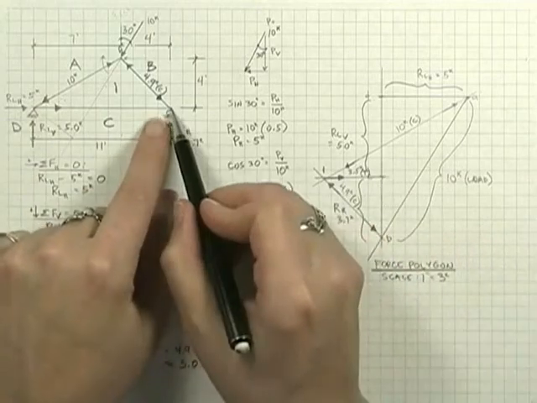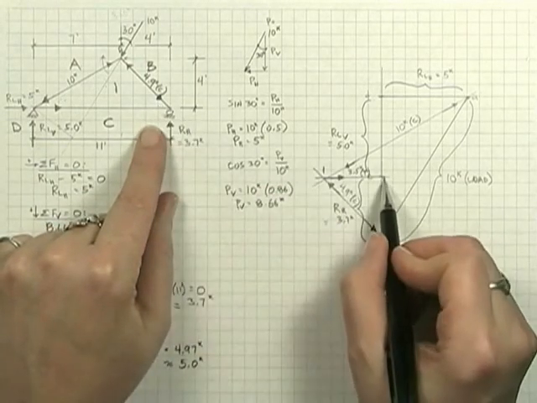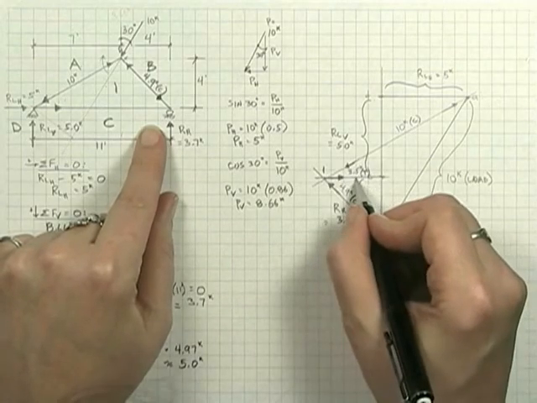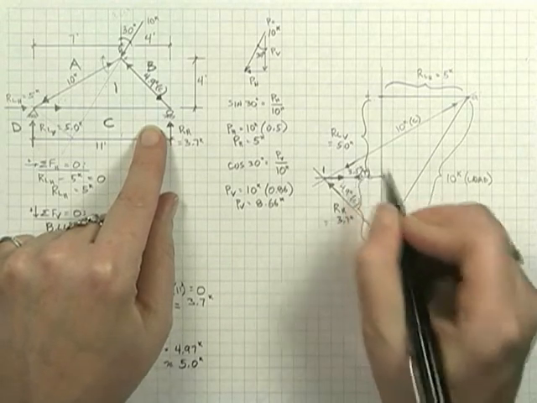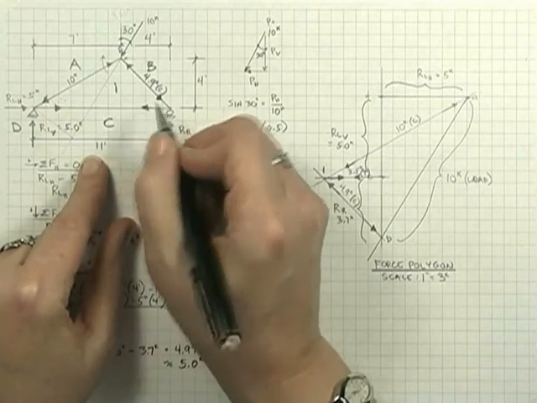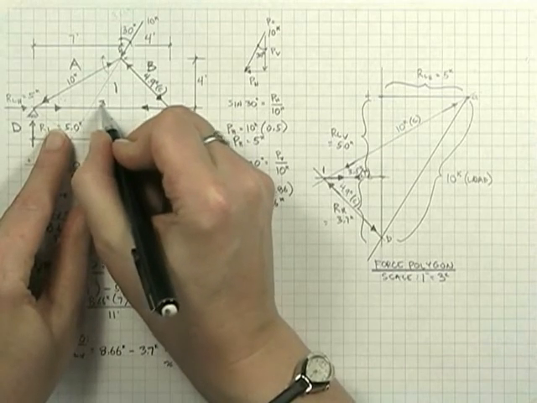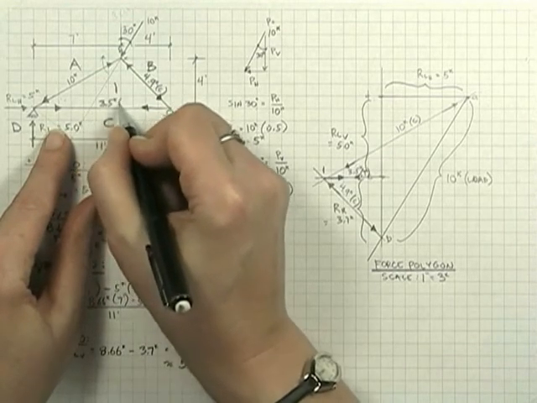And again, if we look at the right-hand side, the name would then be C1. We go from C to 1. We are again moving away from the joint. So C1 is 3.5 kips in tension.